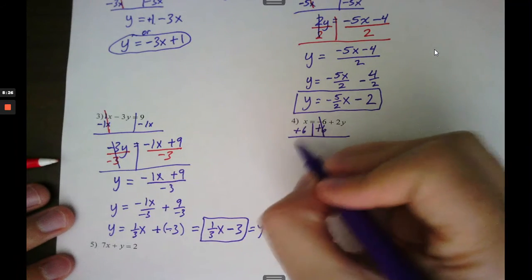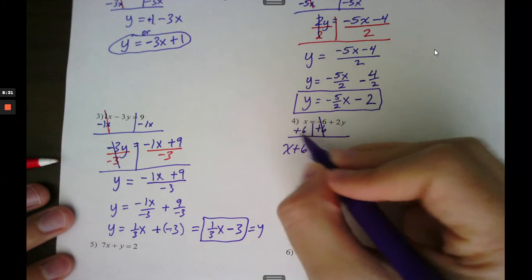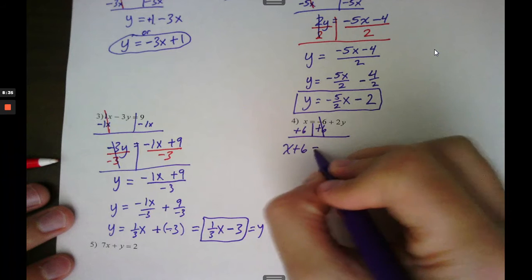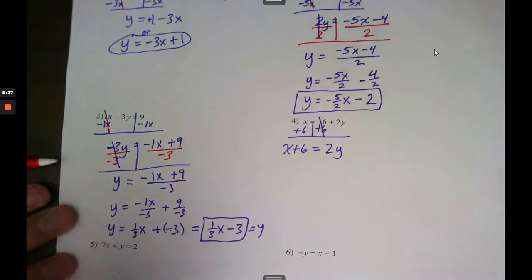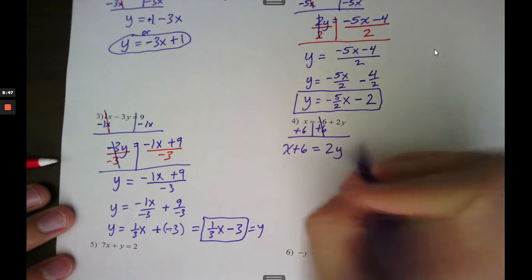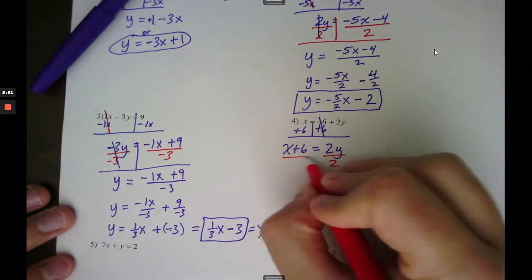So, when I rewrite this, I get x plus 6. Again, not like terms here. You can't just call that 6x. It's addition, not multiplication. Equals 2y. Alright? Y needs to be on a side by itself, so now the 2 needs to go away. How is that 2 connected to y? Through multiplication. So I have to divide both sides by 2.